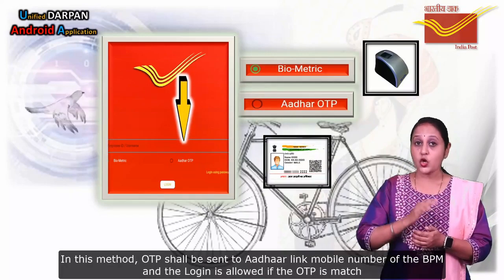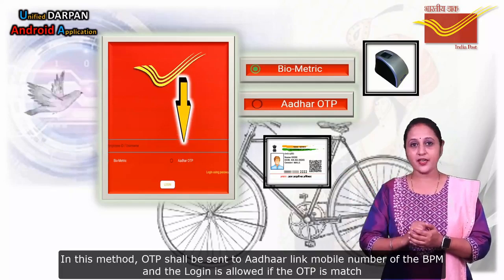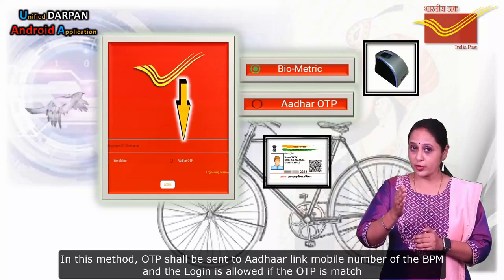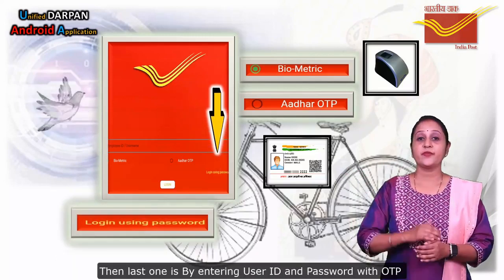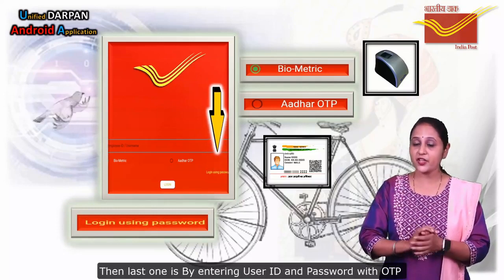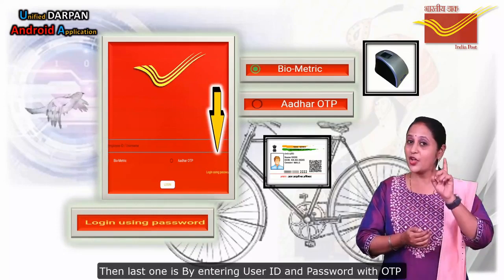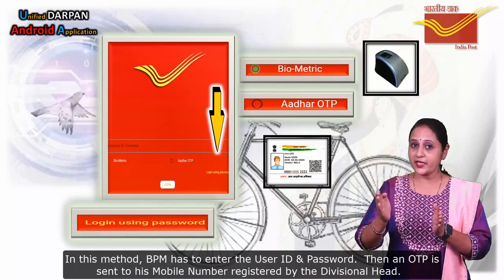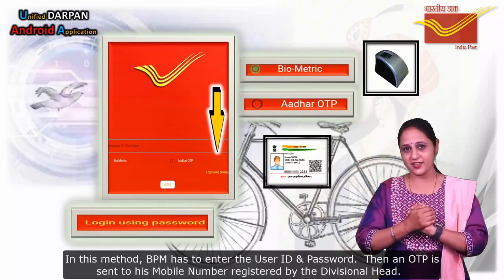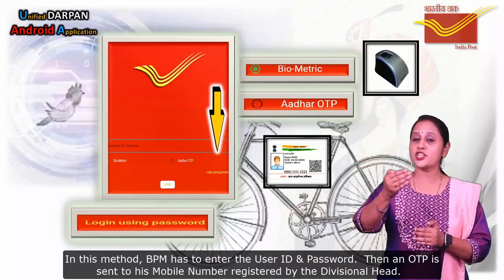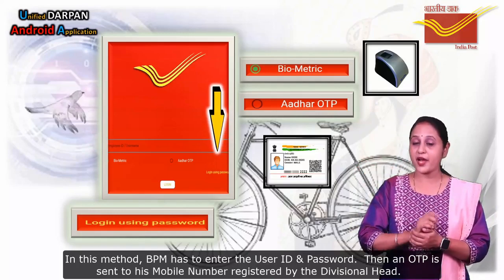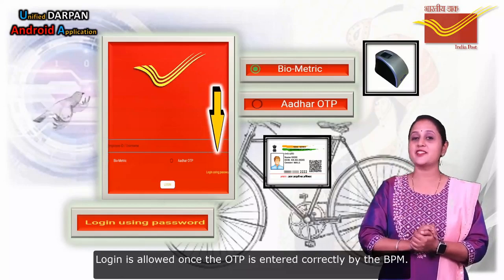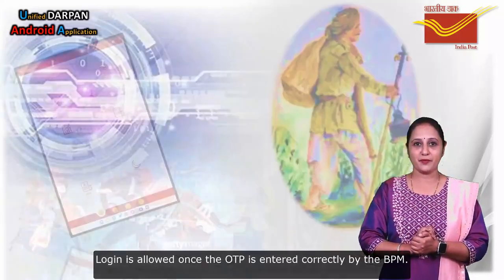In this method, OTP shall be sent to Aadhaar linked mobile number of the BPM and login is allowed if the OTP is matched. The last one is by entering the user ID and the password with OTP. In this method, BPM has to enter the user ID and password. Then an OTP is sent to his mobile number registered by the divisional head. Login is allowed once the OTP is entered correctly by the BPM.